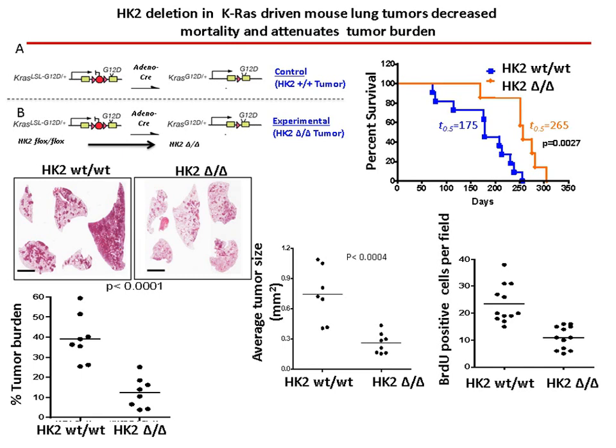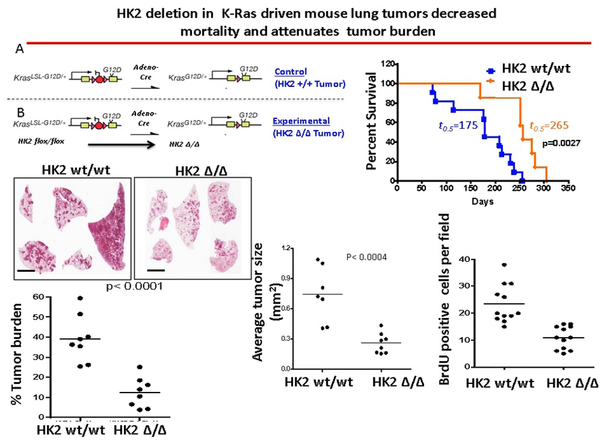As you can see in the upper right panel here, the deletion of hexokinase 2 markedly extended tumor-free survival, and the lifespan of the mice was markedly increased. The median lifespan of these mice is 265 days in comparison with 175 days in the control group.